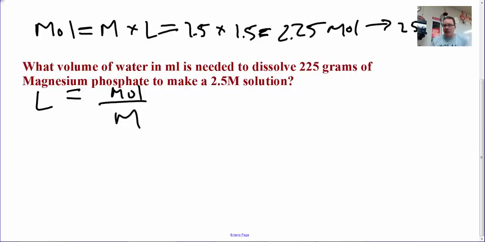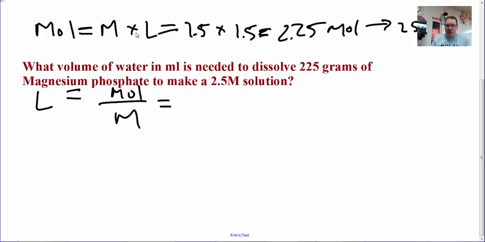I need to get into moles, and to do that I need to take the grams and divide by the molar mass.